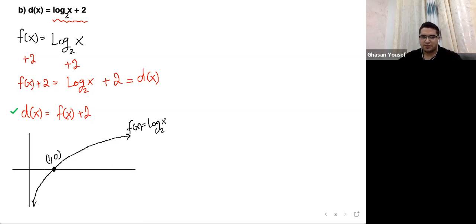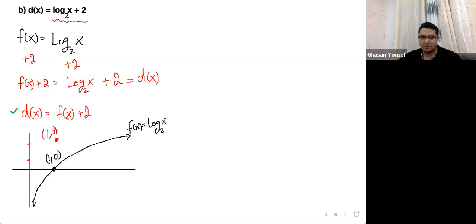Now I have to shift it 2 units up. 2 units up means this point, 1 comma 0, will become 1 comma 2.